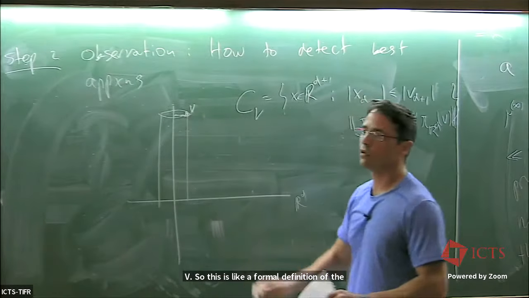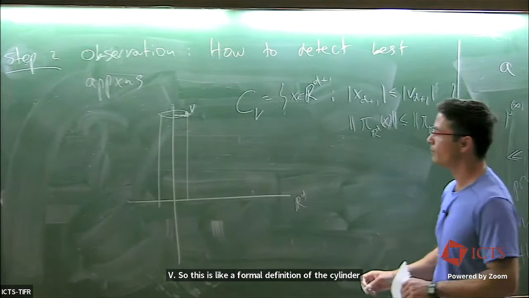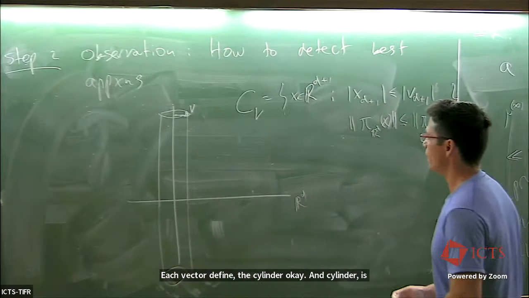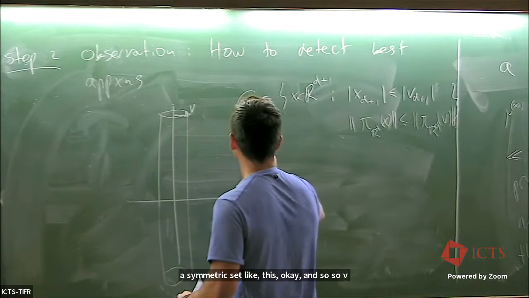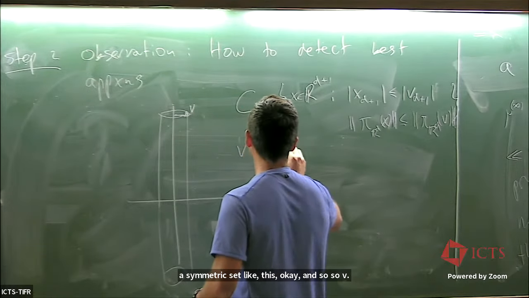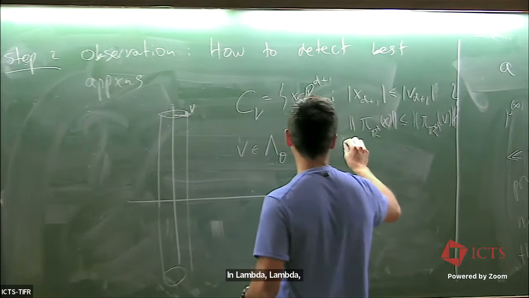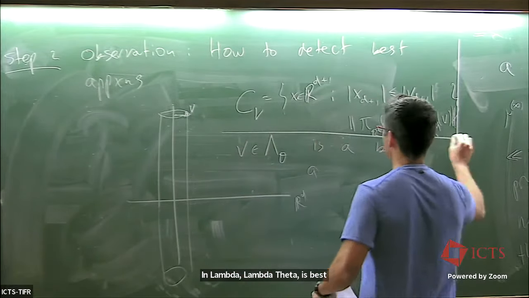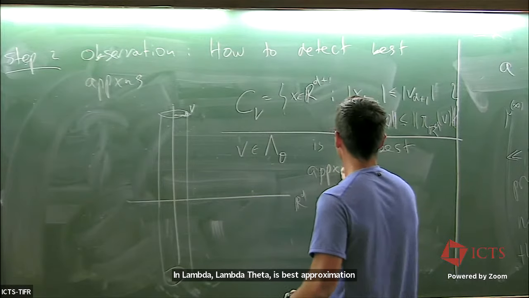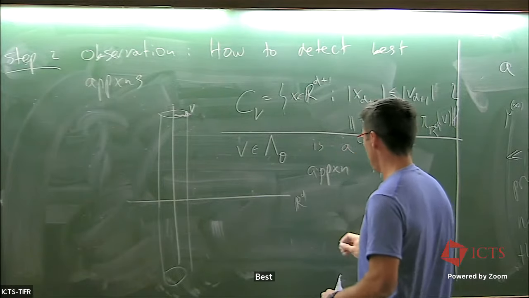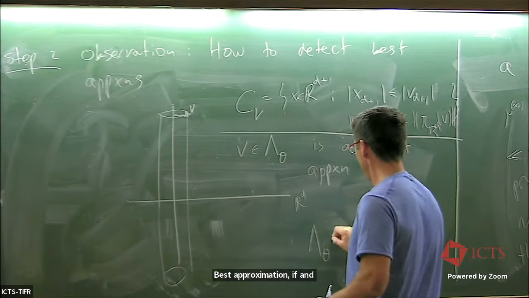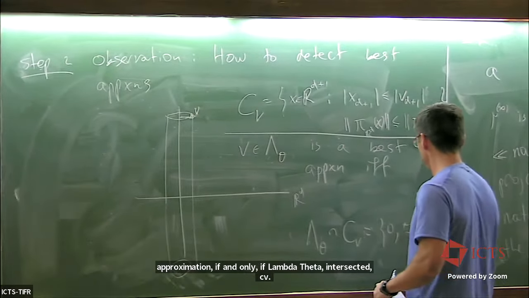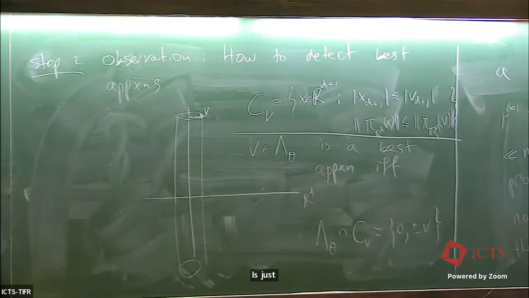Each vector defines a cylinder, and the cylinder is a symmetric set like this. And so V in lambda theta is a best approximation if and only if lambda theta intersected with CV is just 0 and plus minus V. So the cylinder is free of points.